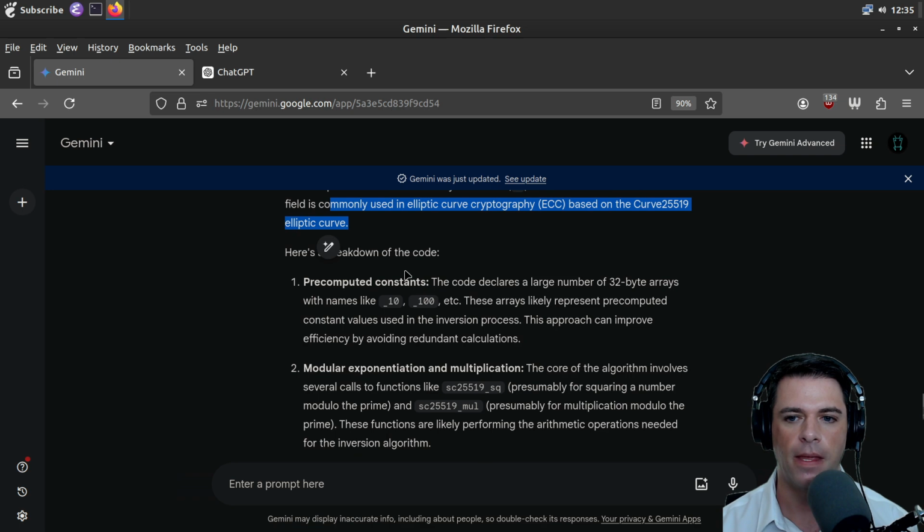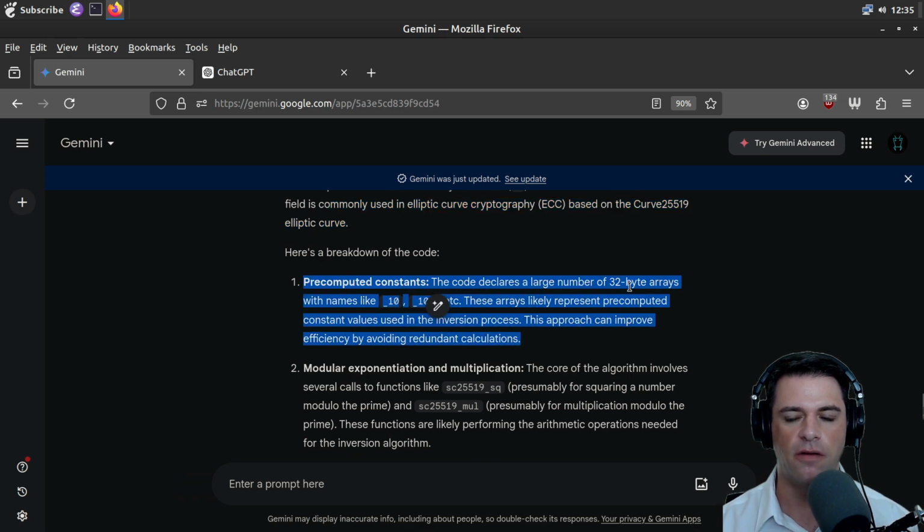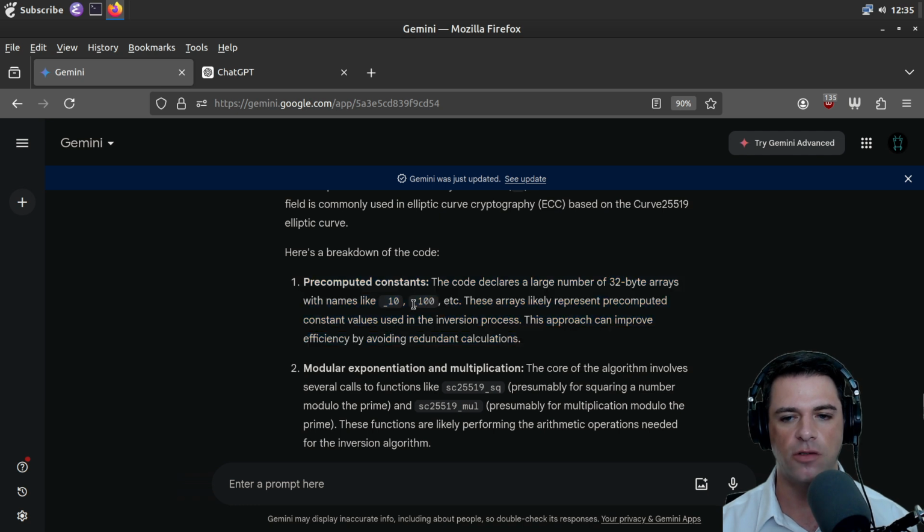It declares a large number of 32-byte arrays with names like _10, _100. These arrays likely represent precomputed constant values used in the inversion process, which can improve efficiency by avoiding redundant calculations.